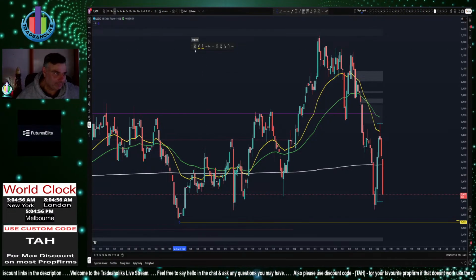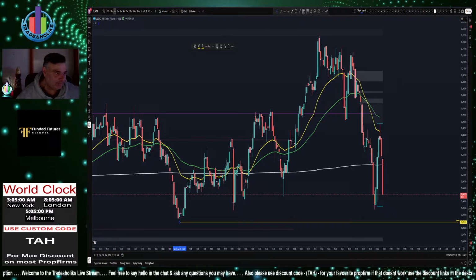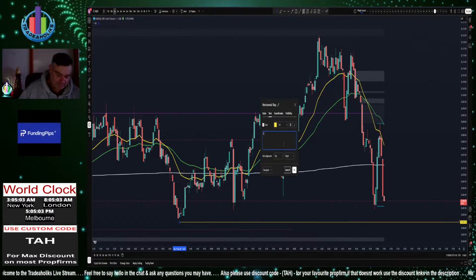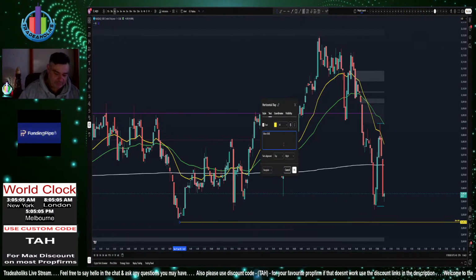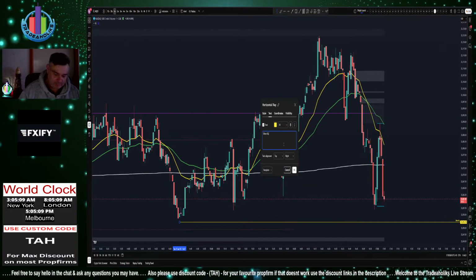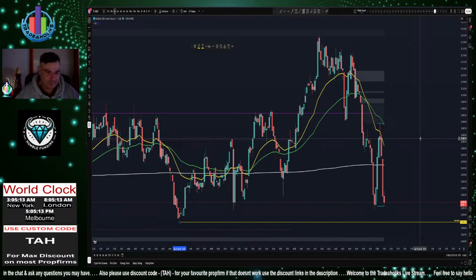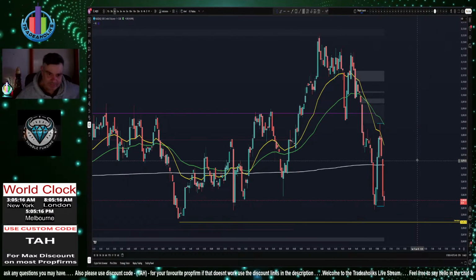Yellow. We'll leave it yellow. We'll call it the silver bullet.